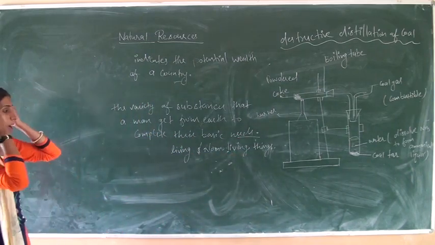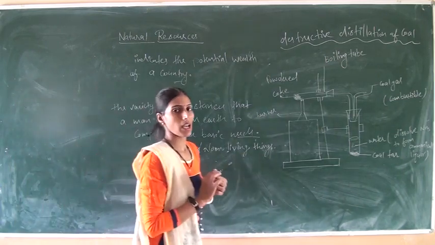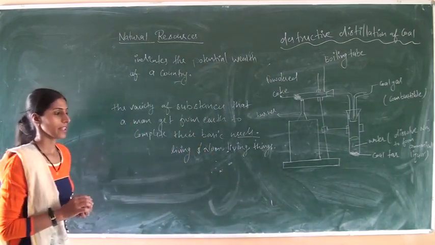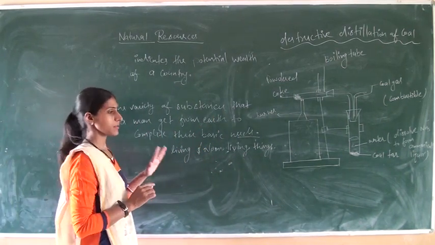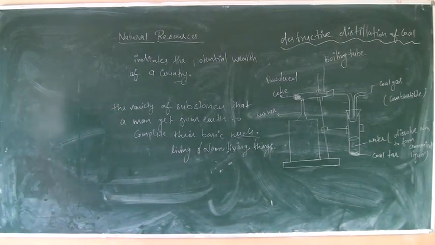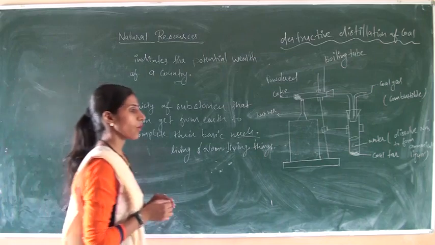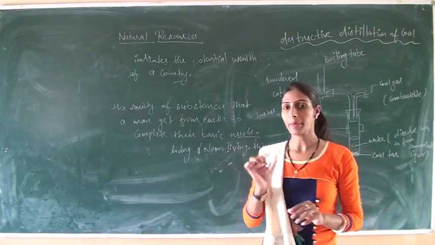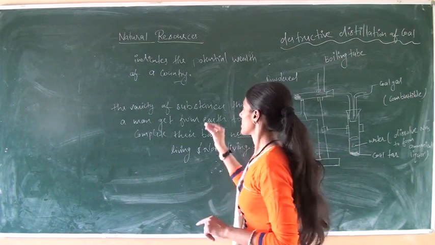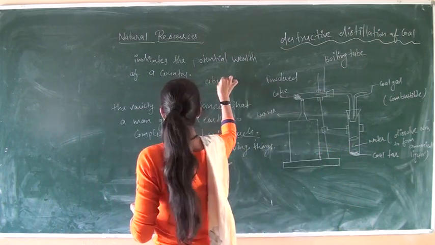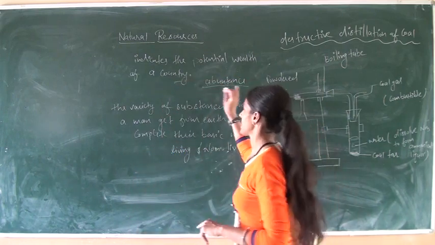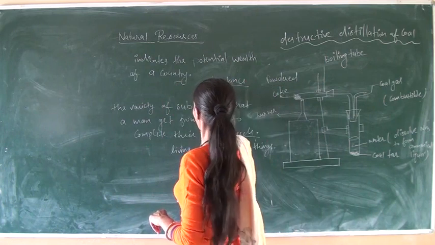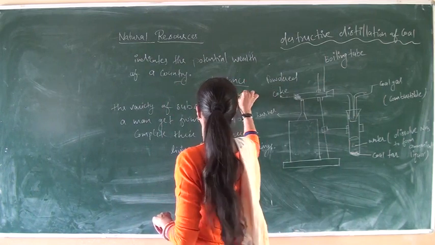Now, some substances in our earth's crust are found in abundance and some are in limited quantities. Abundance means in a large quantity, and some are found in a limited quantity.